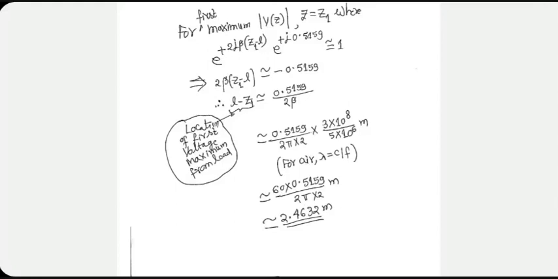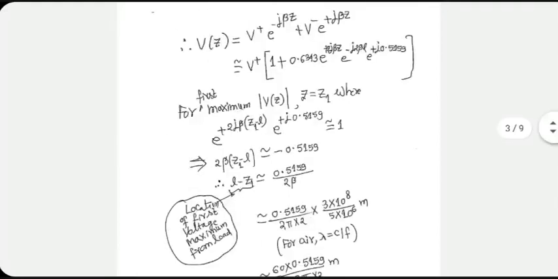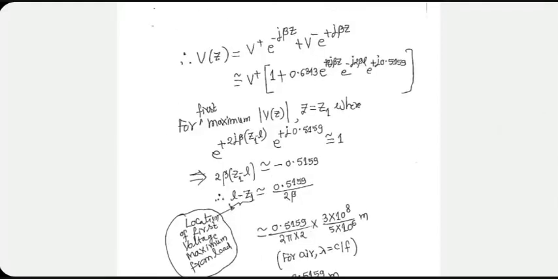You don't need to know L. That is why L is not given in the problem. L minus Z1 is what is needed, and that we can figure out by equating e to the power j, the entire term, 2 beta into Z1 minus L plus 0.5159, that entire term equal to 1. Try to follow these steps carefully.